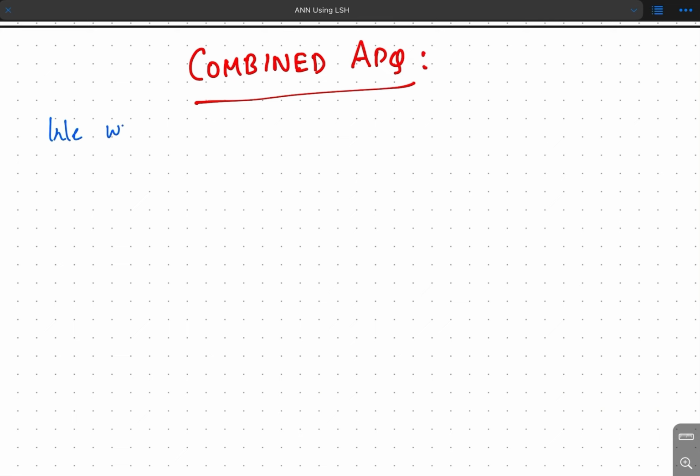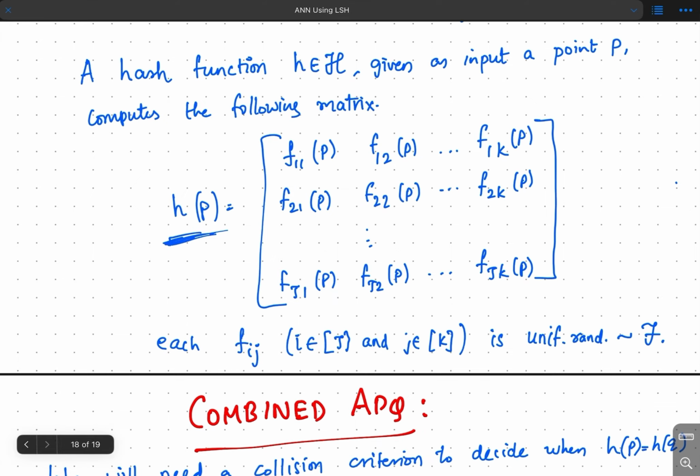Okay, so now we will need a collision criterion to decide when, for two points p comma q, h of p is equal to h of q, where h is of this matrix form.